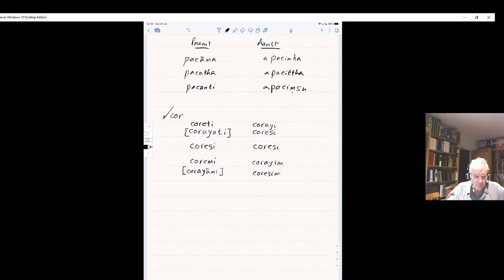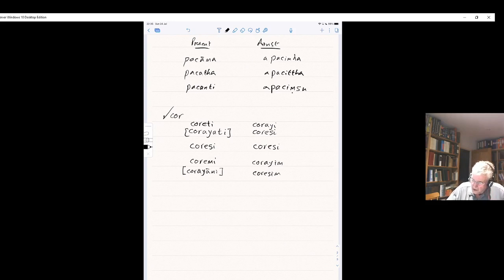And in the plural, just as we had pachimha, we cooked, we have chorayimha. Notice that where you have the E following the Y, it becomes not E, but ayi. The ayi restores itself, so it's closer to the Sanskrit form.